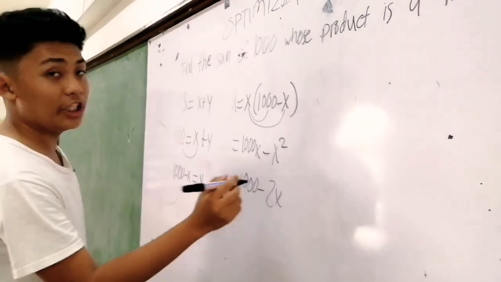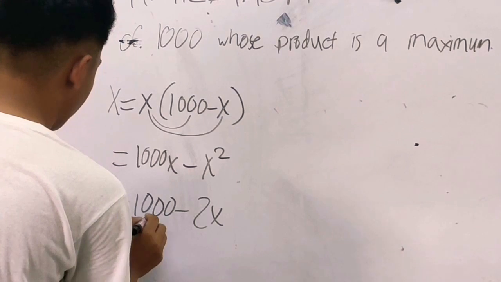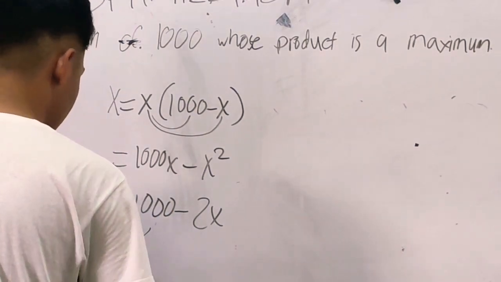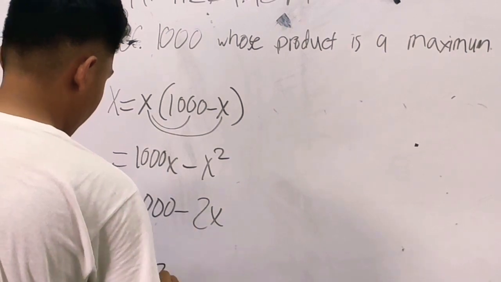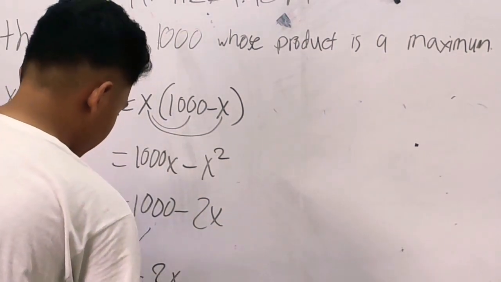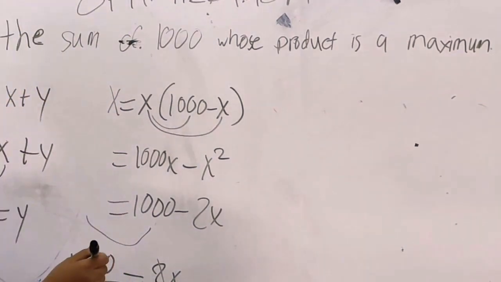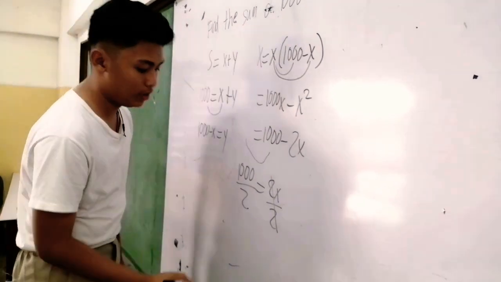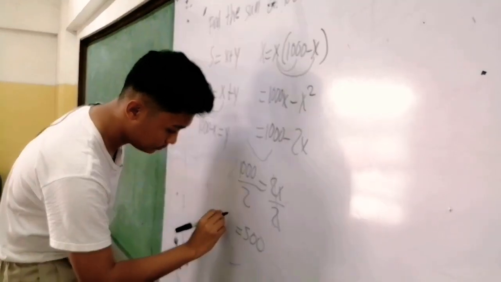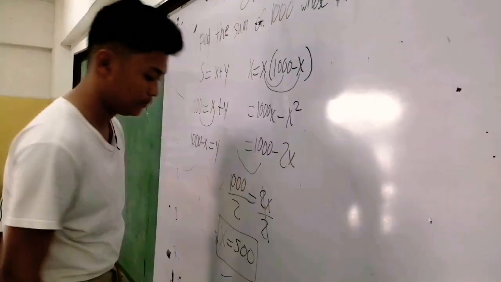Now, in order to solve, we set the derivative to zero, so it becomes 1,000 equals 2x. Now we have to cancel it by dividing by 2 on both sides. So 1,000 divided by 2 is equal to 500. That is the first number, x.